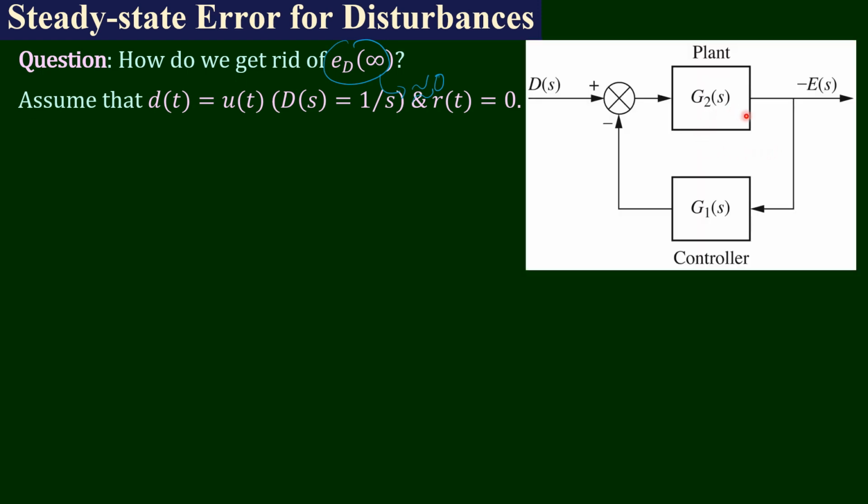So for this block diagram we know that E of S will be equal to G2S upon 1 plus G1S into G2S into D of S, and here it will be minus.